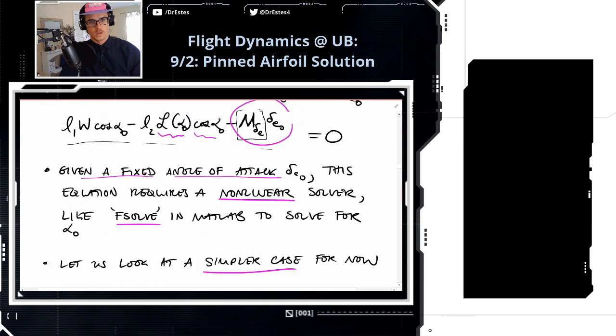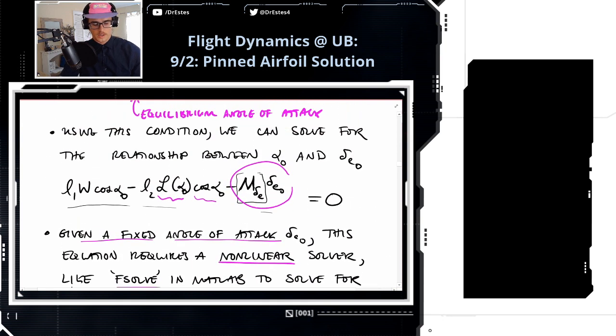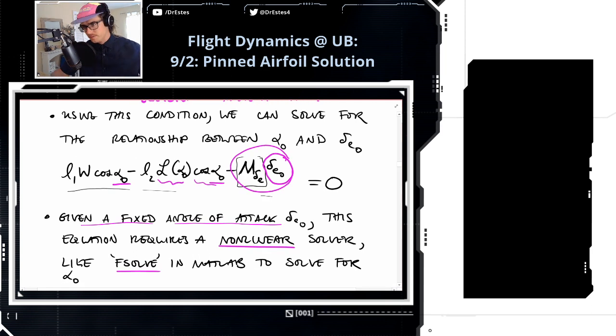Well, in general, like for, say, an arbitrary elevator angle of, say, 5 degrees, you have this nonlinear equation that you'd have to solve for alpha. That's one of the homework problems. Have you solved that on the homework yet? So you're going to have to use like fsolve or something like that in MATLAB. And so you're going to wrestle with this on the first homework.